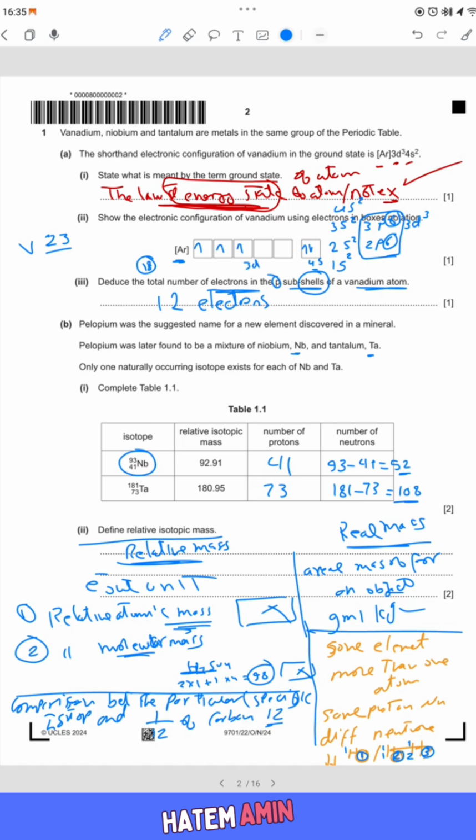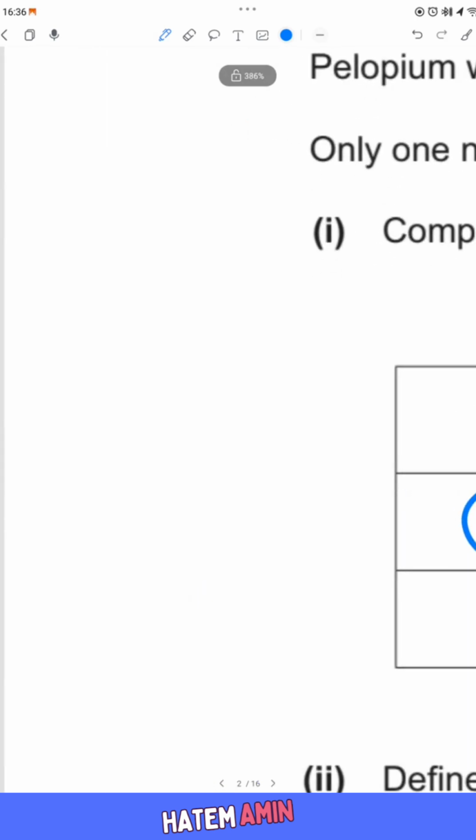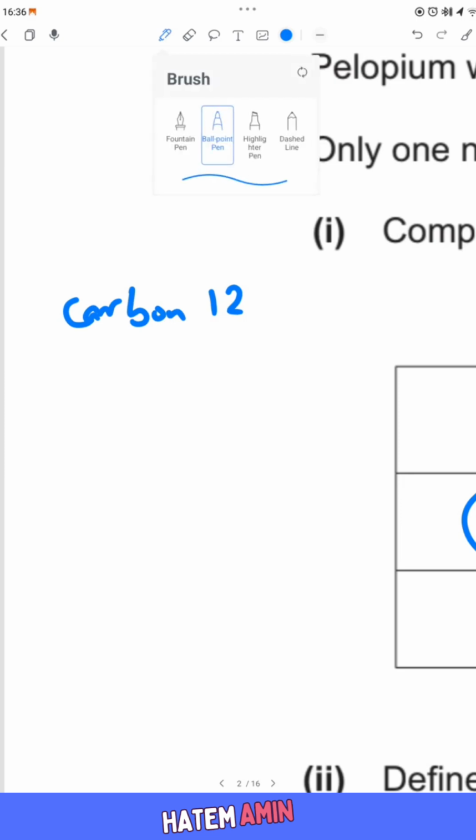Okay, so why 1/12? Here we should explain it. To detect the isotopic mass, all isotopes are compared with a standard. The standard we should use here is carbon 12, the most stable atom.